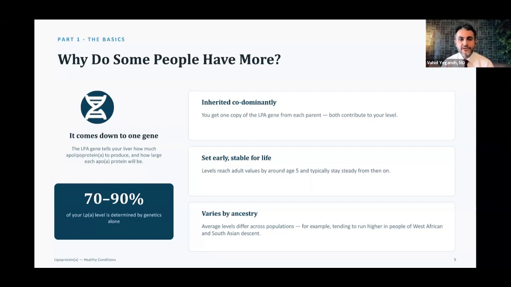Some populations, like if you're of African descent or South Asian or Southeast Asian, can have even 1 in 4. East Asians have slightly less. But generally speaking, looking at the population as a whole, we're looking at about 20%. Full disclosure, I'm one of those lucky lottery winners. I have an elevated Lp(a) genetically, so I'm one of those 20%.